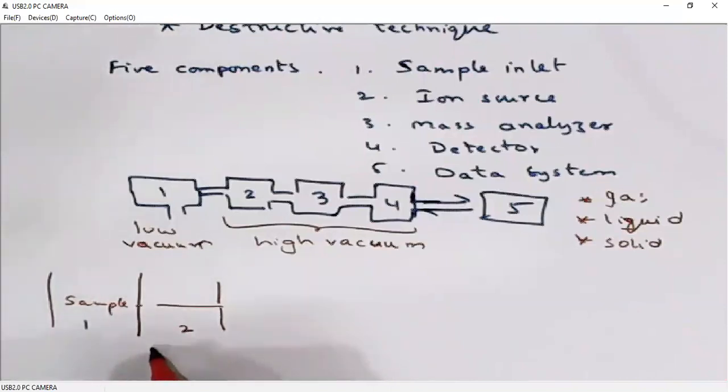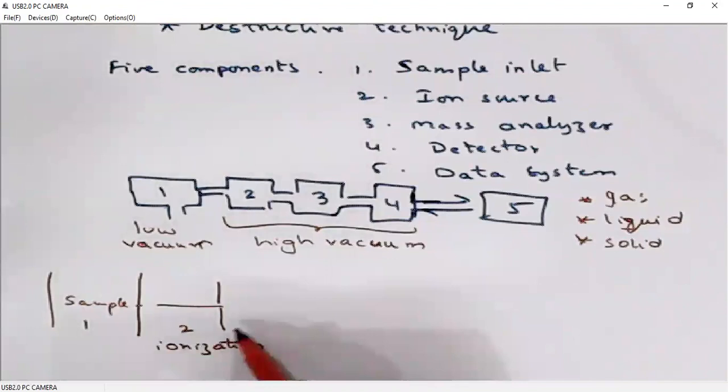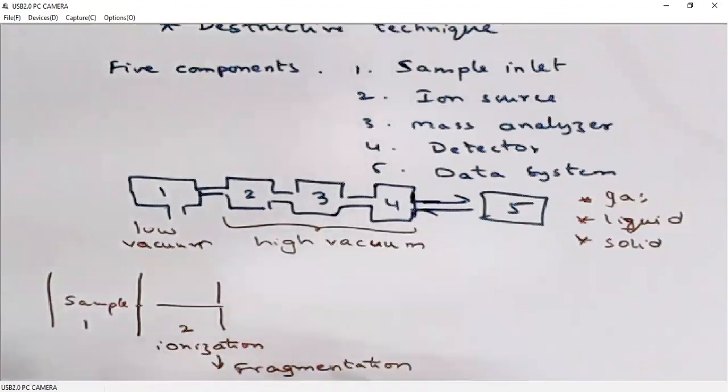The compound is ionized. We will supply either chemical energy or electrical energy or high pressure or thermal energy, so that our compound will be ionized. Then we also supply very high energy. So this ionization leads to fragmentation. That means the initially generated ion will further undergo decomposition, so it will be made into smaller pieces.